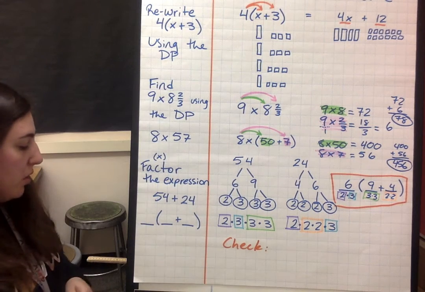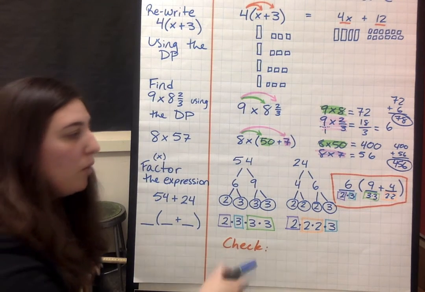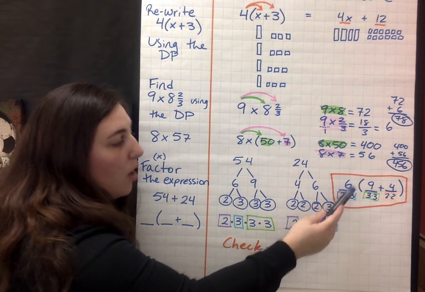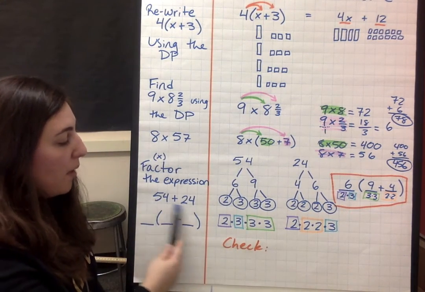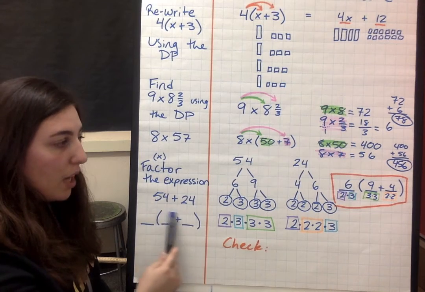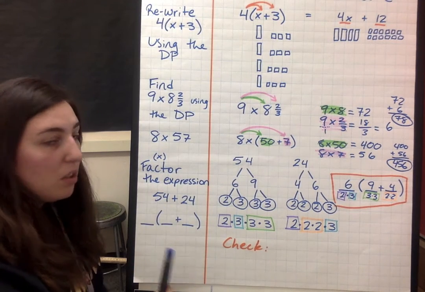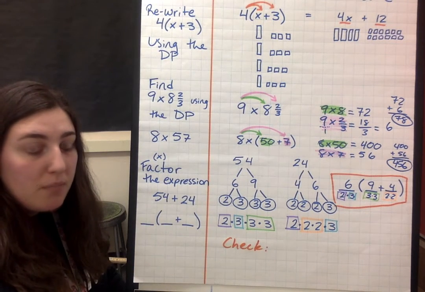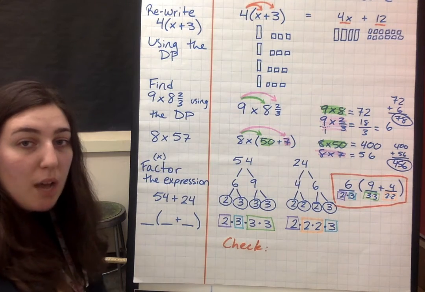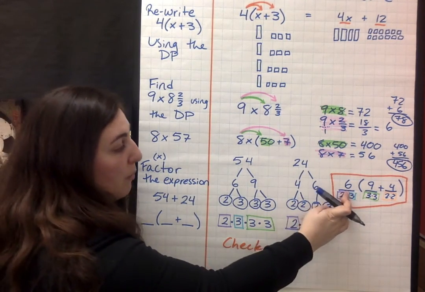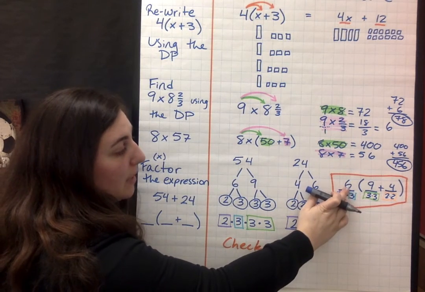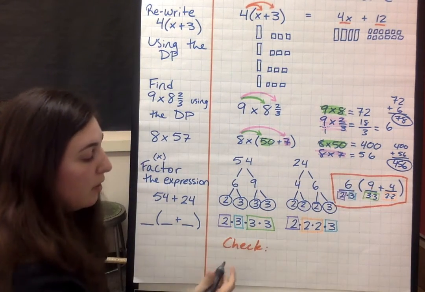So over here, we're just going to check our work. And we are going to do the opposite now. We are going to use the distributive property to see if we can come up with the same answer. If we come up with the same answer using the distributive property, okay, then we've done an awesome job and we got the correct answer. So I'm going to use the distributive property. 6 distributed to the 9.